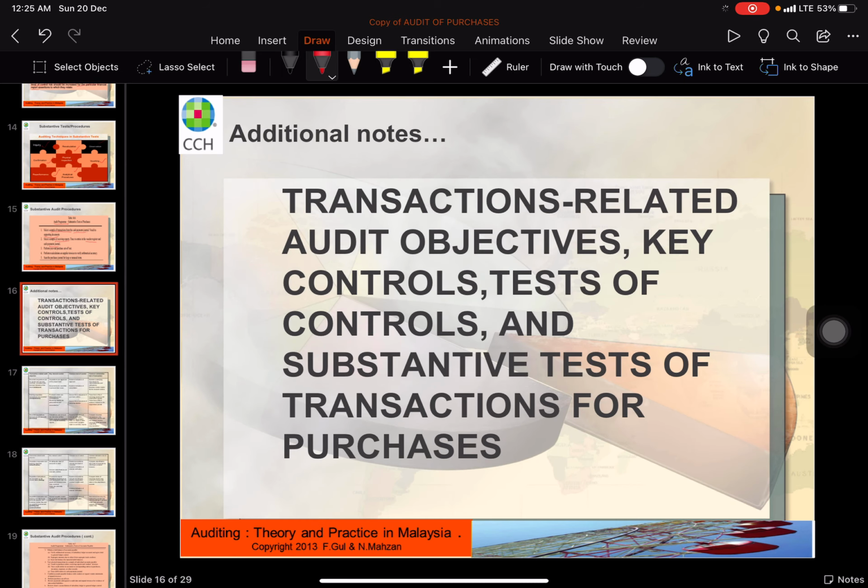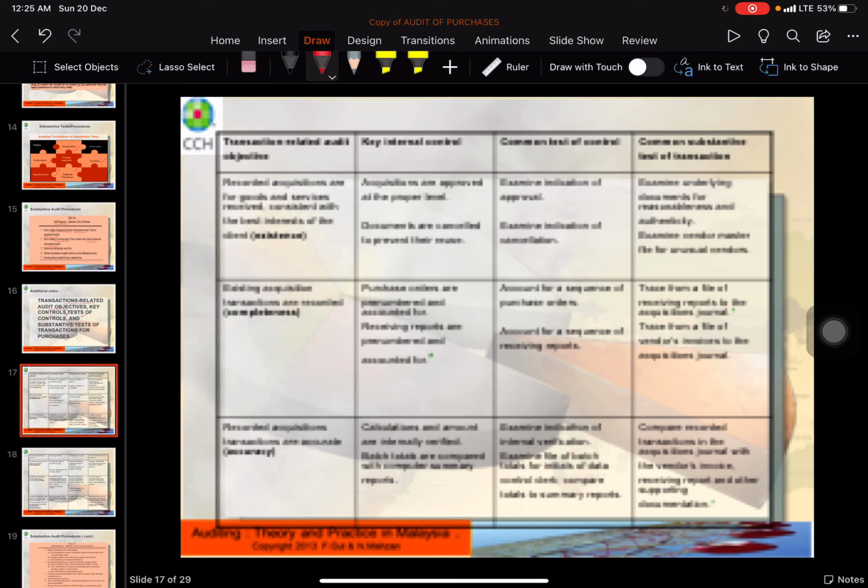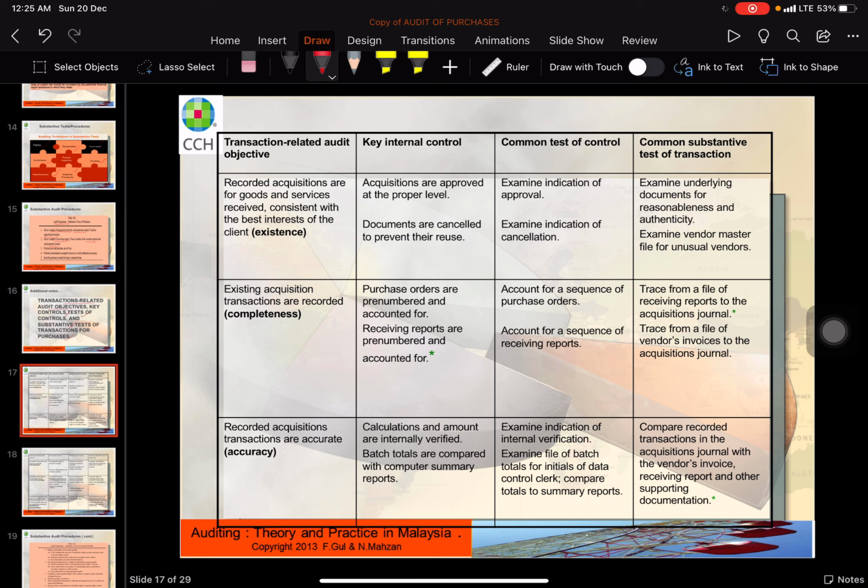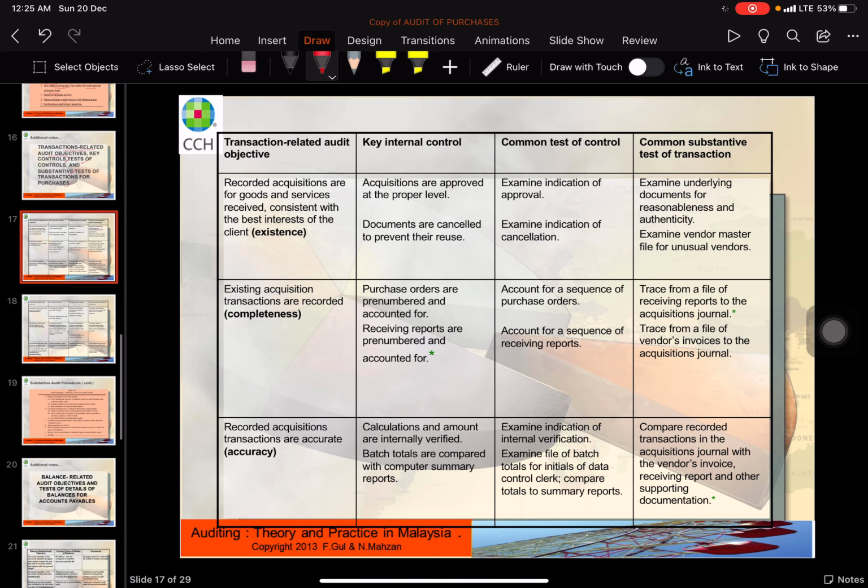Next, transaction-related audit objectives, key controls, tests of control, and substantive tests of transactions for purchases. I don't want to explain everything, but just give you the basic ideas.